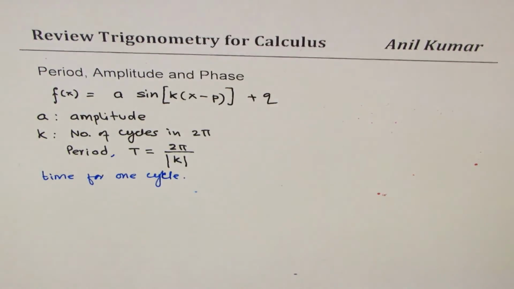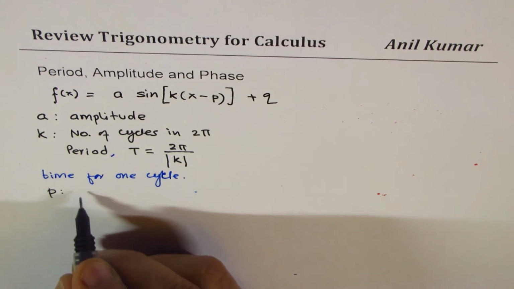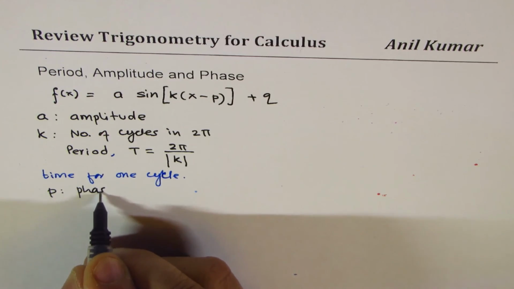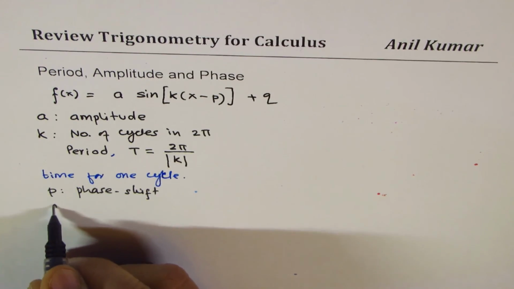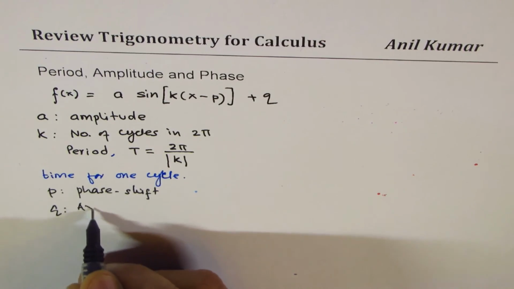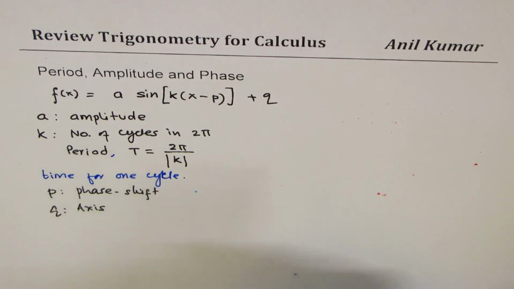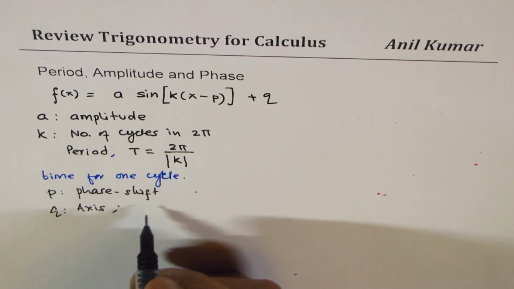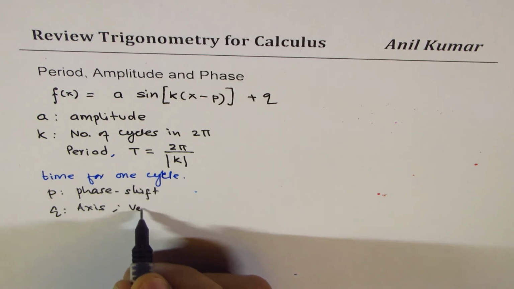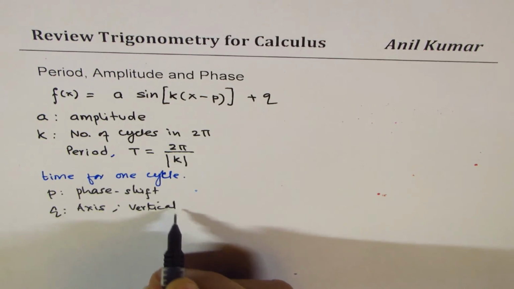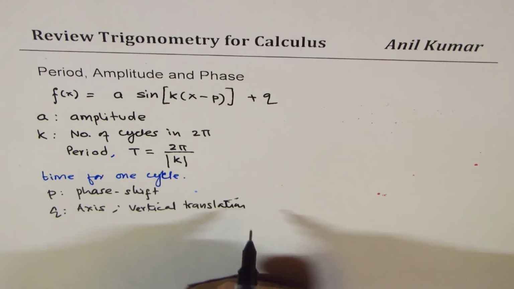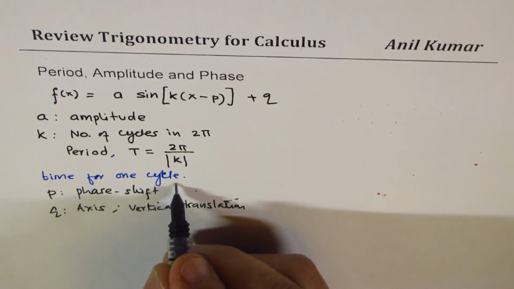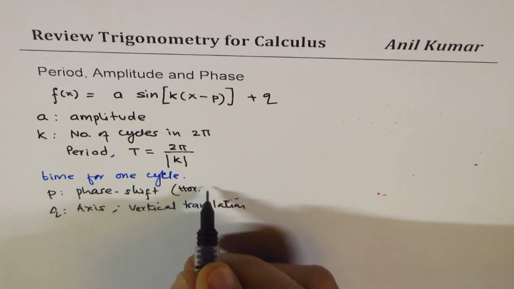Is it okay? So that gives you time period. P is referred to as phase shift. Q is the axis, or you can also say at times it reflects vertical translation. For that matter, P could be referred to as horizontal translation.